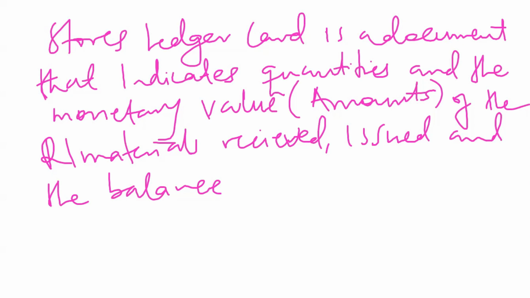So what are you going to do if you know that you don't have anything in your stores? There is no need for you to check your bin card or your store's ledger card. So if that's the case, then we shall be going through the purchasing process.